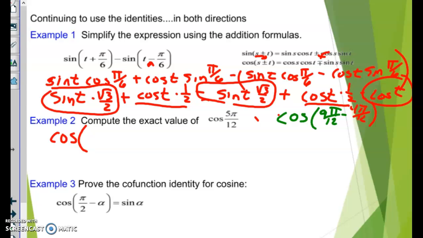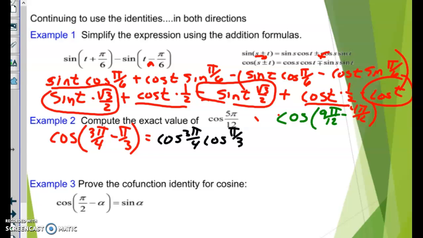If I simplify 9 pi over 12, I end up with 3 pi over 4 minus pi over 3. And let's substitute into that cosine formula with the same stuff. Let's use black this time. Cosine 3 pi over 4, cosine pi over 3.